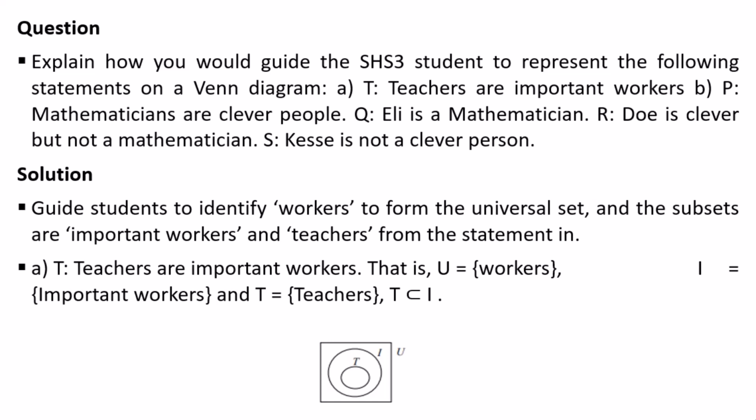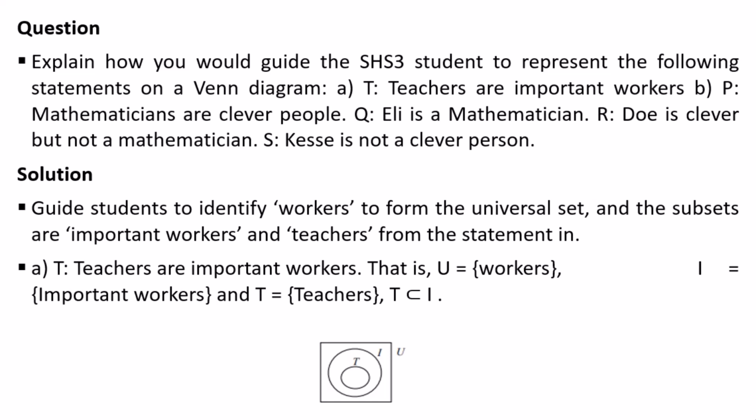In this case, our universal set will be all workers. Then we have important workers as I.